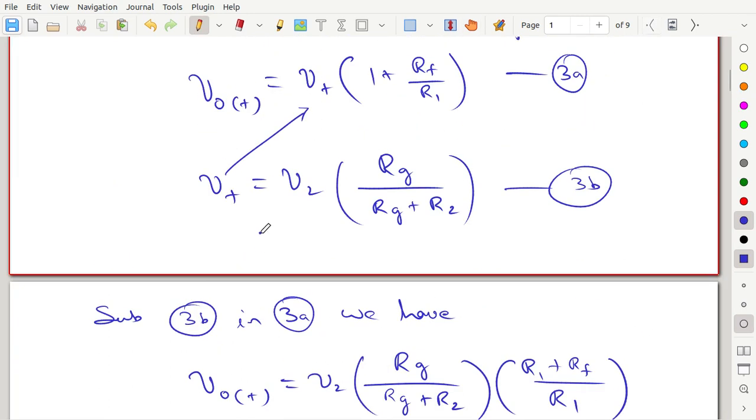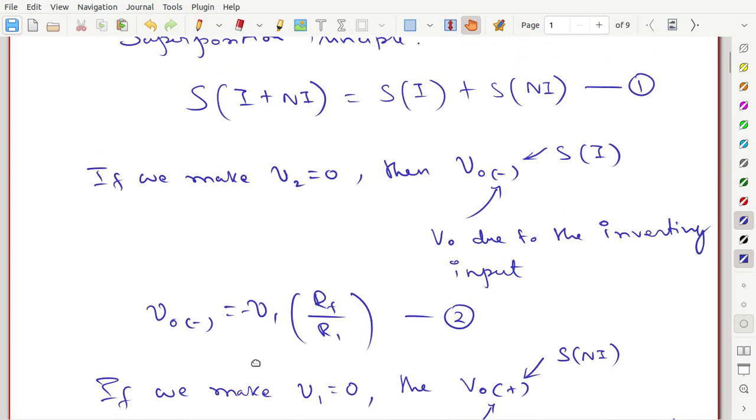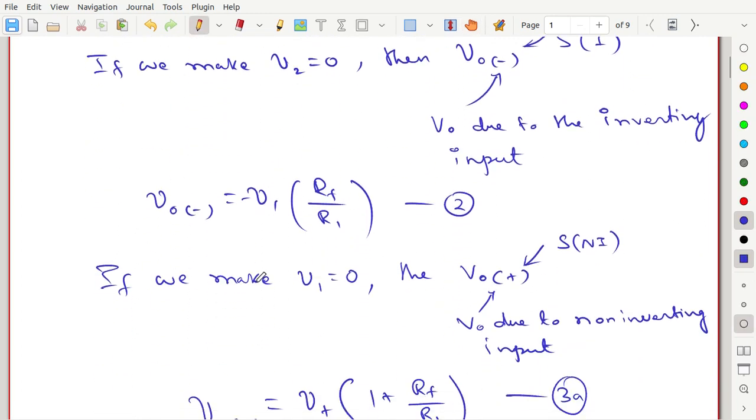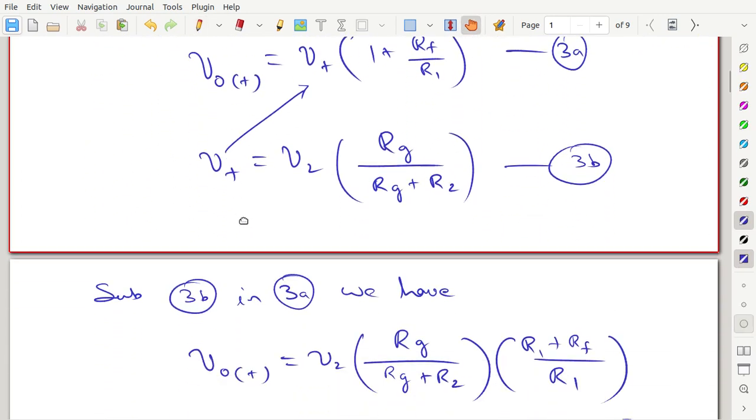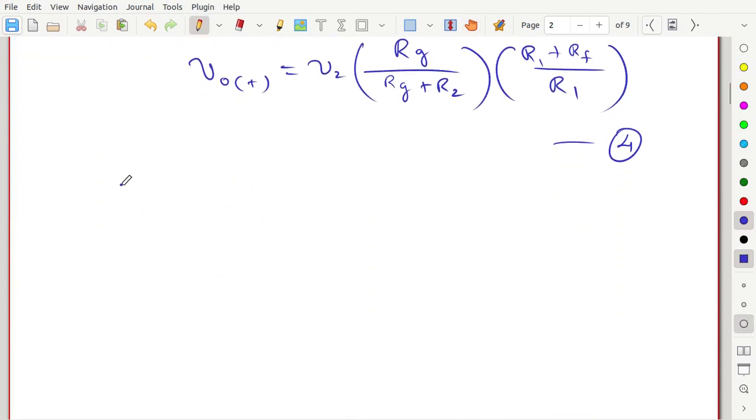The total solution due to the superposition principle, V out, is nothing but the V out due to the contribution from the non-inverting part plus the voltage output due to the inverting part.